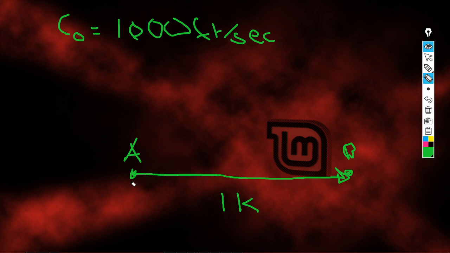So if I fire 100 rounds from point A, and it doesn't matter which way the bullet goes because we're just talking about muzzle blast, then I'm going to hear those 100 rounds at point B, and as long as neither point A nor point B is moving and the temperature doesn't change, it's going to take precisely 1,000 milliseconds, or 1 second, for each sound to travel from point A to point B. If I'm firing them at 10 a second, there's going to be a 1/10 of a second between each sound.